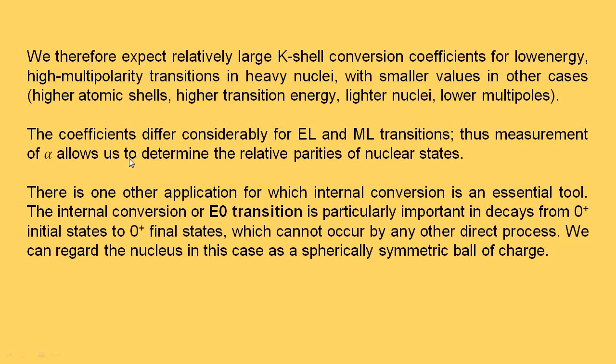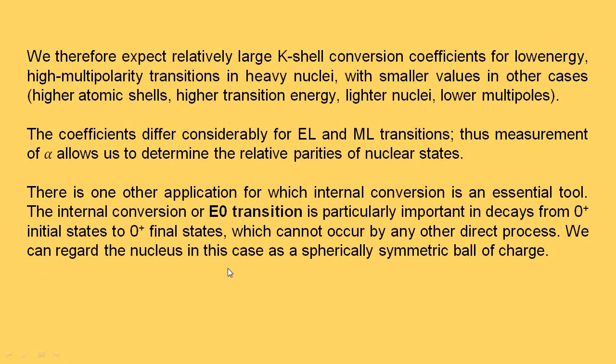The internal conversion or E0 transition, for L equal to 0, is particularly important in decays from a 0 plus initial state to a 0 plus final state. The 0 is the nuclear spin or angular momentum of the nucleus, and this plus sign shows its parity, that means even parity, which cannot occur by any other direct process.